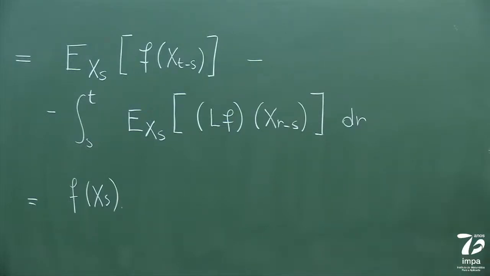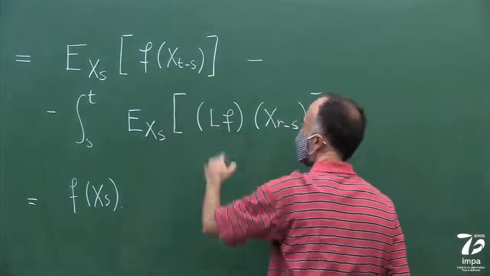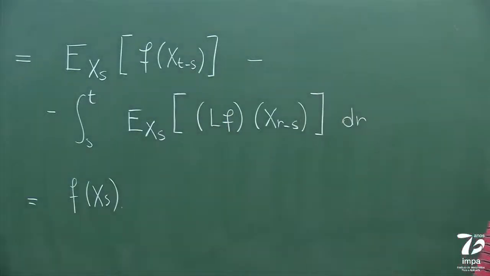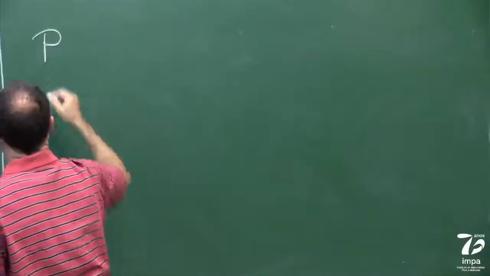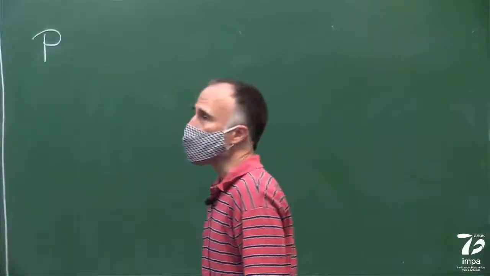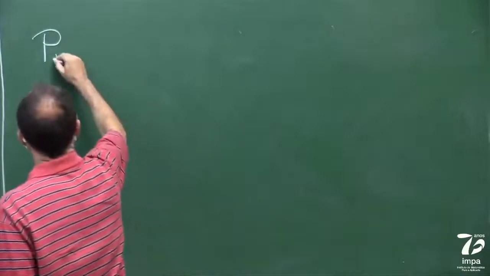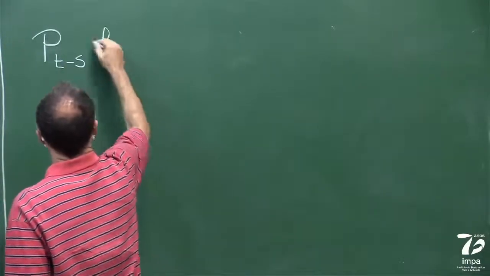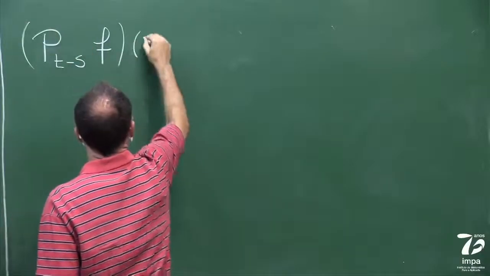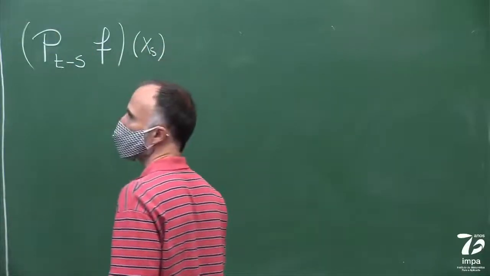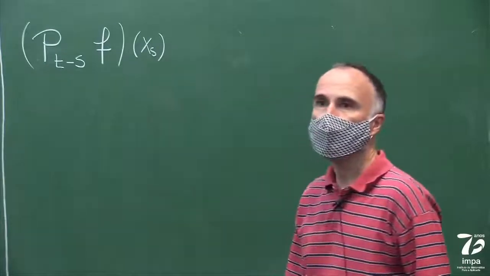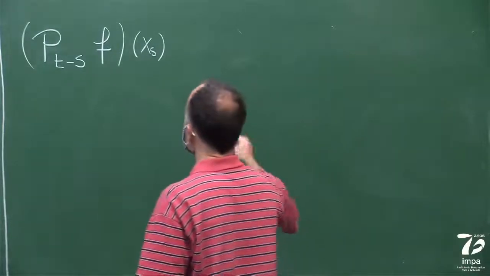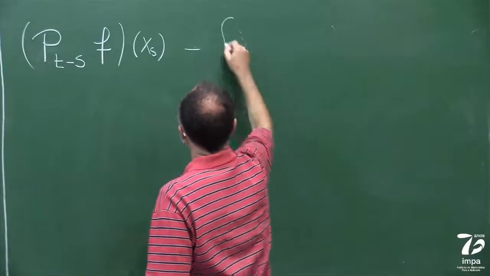Fine. So what is this? Let me represent by P the semigroup. So this is the semigroup at time t minus s applied to the function f and computed at xs. Okay, so this is the first one. And then the second one, which is minus.